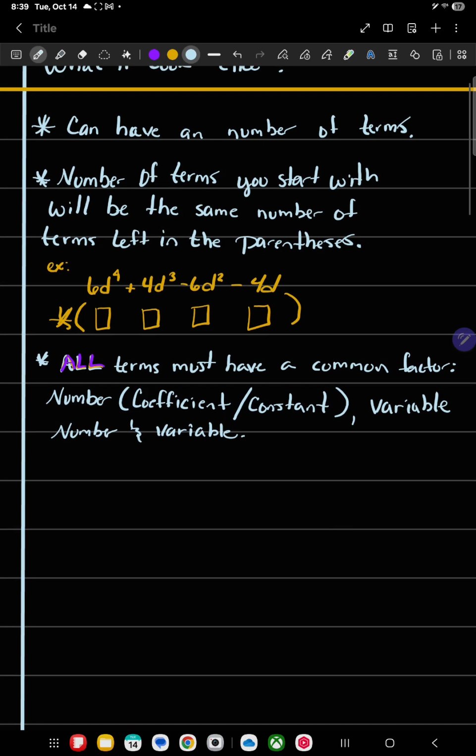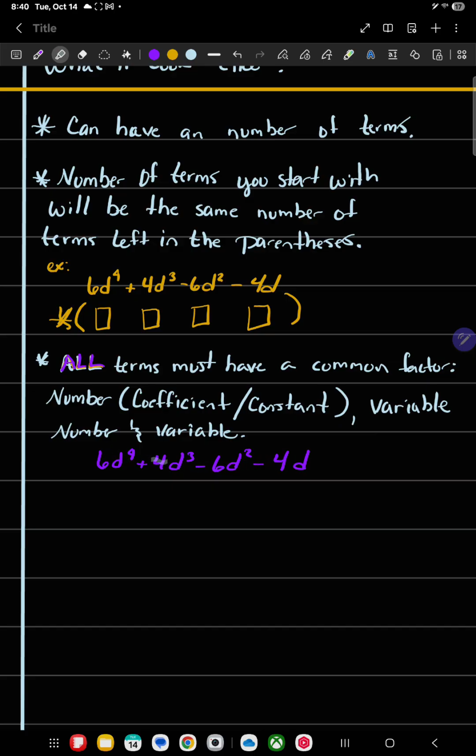All right. Let's revisit that 6D to the fourth. So in that problem, 6D to the fourth plus 4D to the third minus 6D to the second minus 4D. If we look at the coefficients of each term, there's one factor I know that they all have in common.